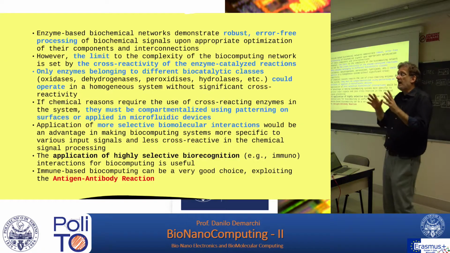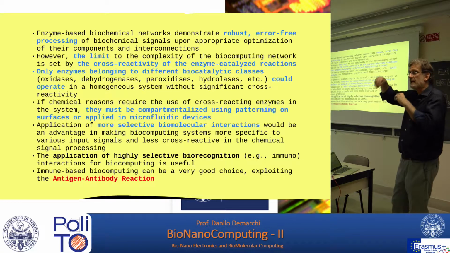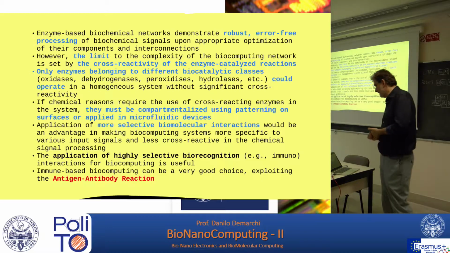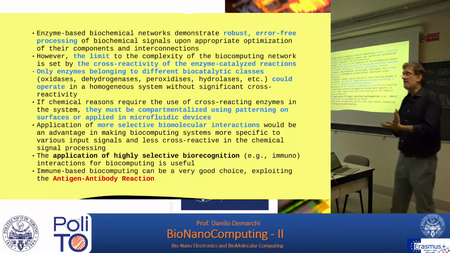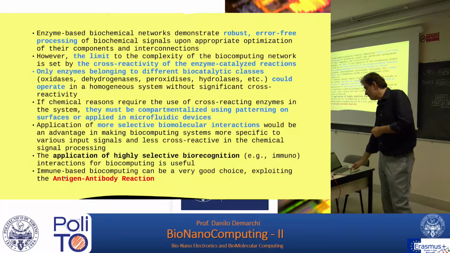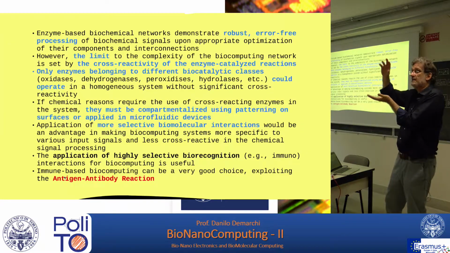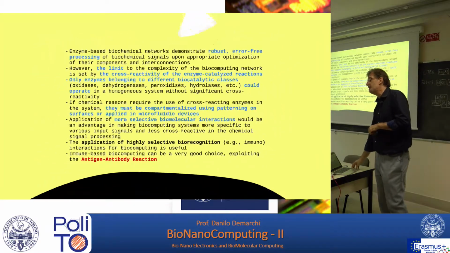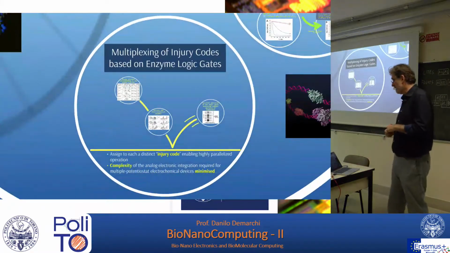And so I have to use several wells, separate them, and it can become a little bit complex. A very effective solution that can also be exploited, so we move up again in complexity in terms of biological molecules, is to exploit the antigen-antibody reaction.